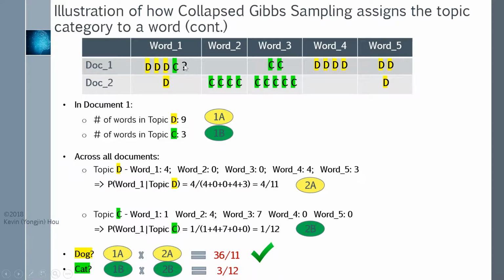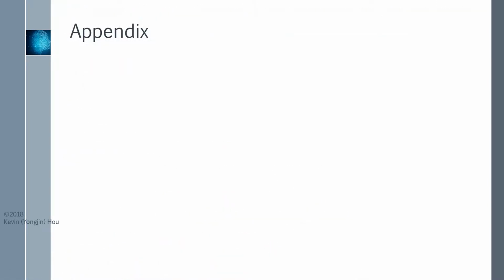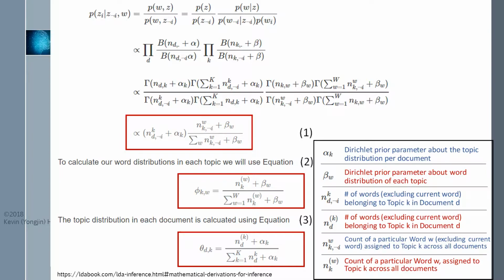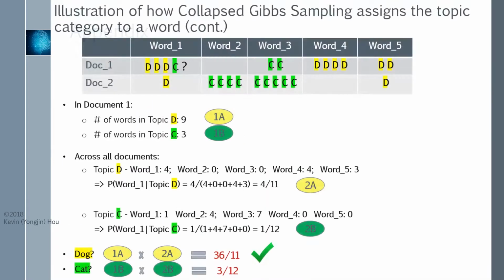So this one will become the yellow D after doing all the calculation. That is how it works. Again, the appendix has the formulas. And basically this concludes today's class.